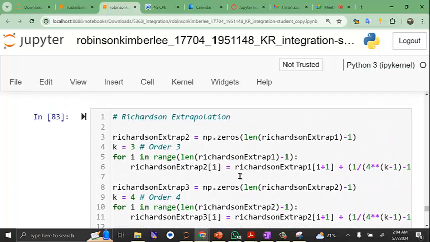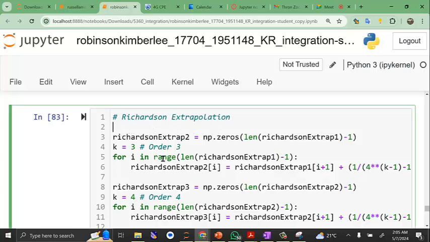You could put these Richardson extracts in a list. It's true that the Richardson extracts don't all have the same level, but it would be neater to put these in a list instead of having Richardson extract 2, Richardson extract 3, Richardson extract 4. So I could do something like this.